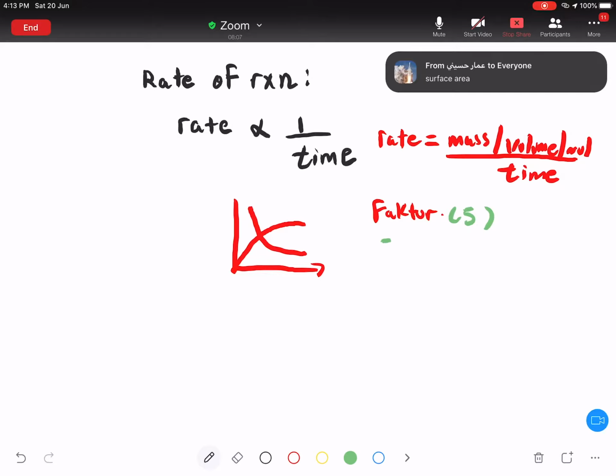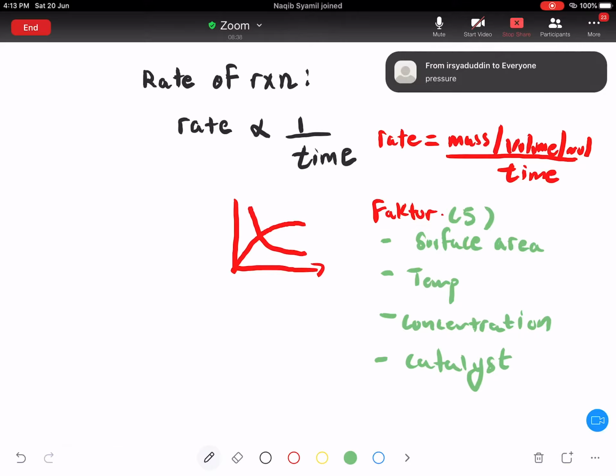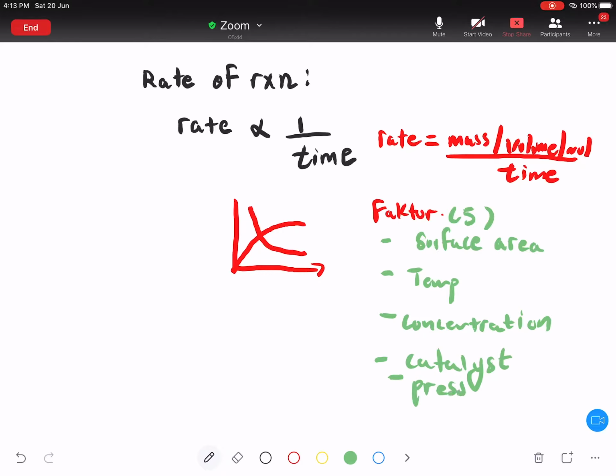It starts with surface area. Surface area is also called luas permukaan in Malay, which is the size. Then we have temperature, concentration (kepekatan), and catalyst. Yesterday we talked about catalyst at length, so after this don't ask me what a catalyst is. Catalyst is mangkin. And the last factor is pressure. Am I right?